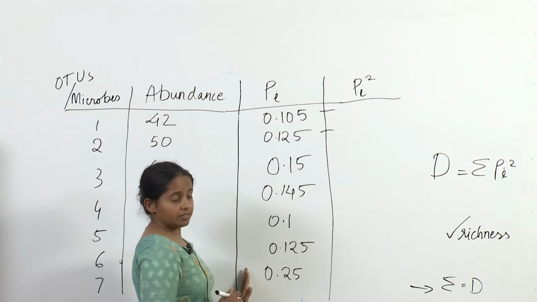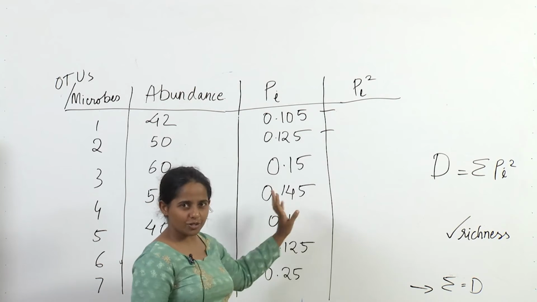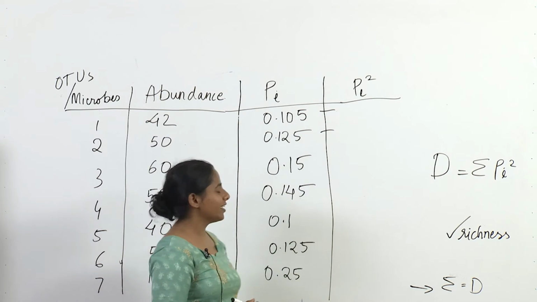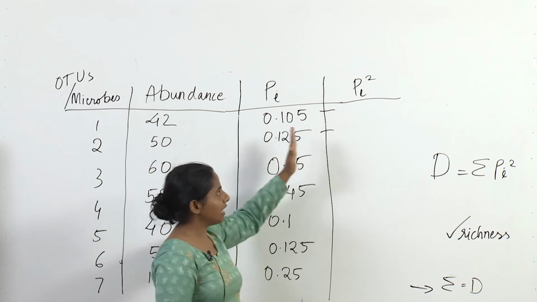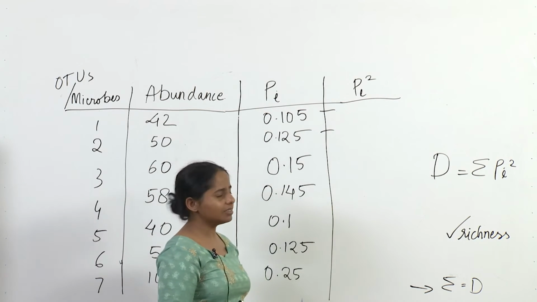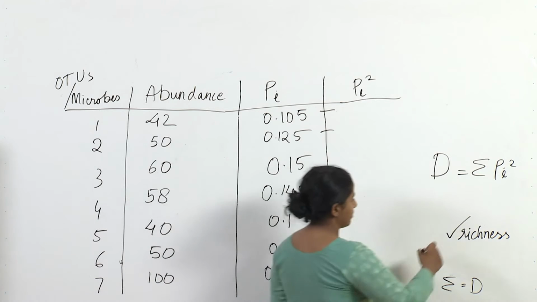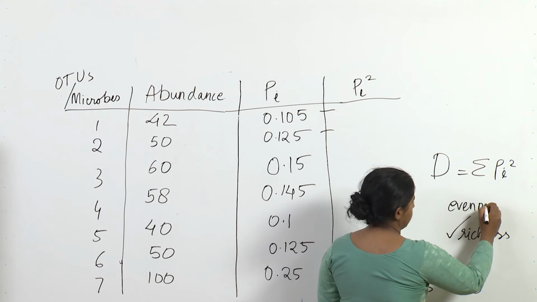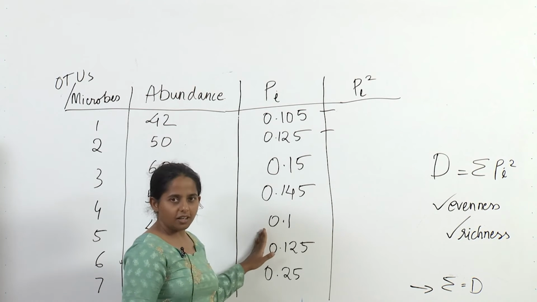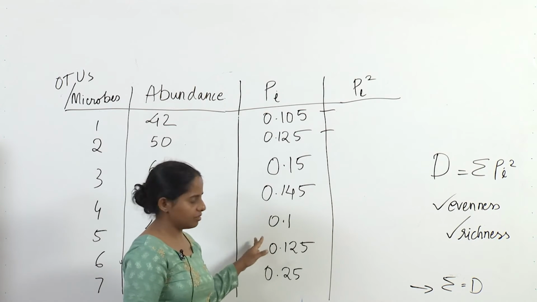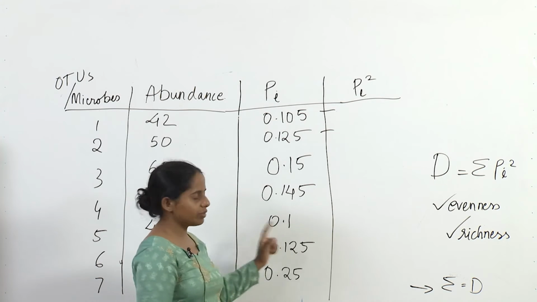This is the relative abundance, and when we square it, it reduces even further. If something is less than 1 and you square it, it gets even smaller in magnitude. So, because we are talking about relative abundance and what we are adding up is the square of relative abundances, we are automatically including evenness. The way it works is, the closer the number is to 1, if it is less than 1, its square will be less small compared to if it is further apart.